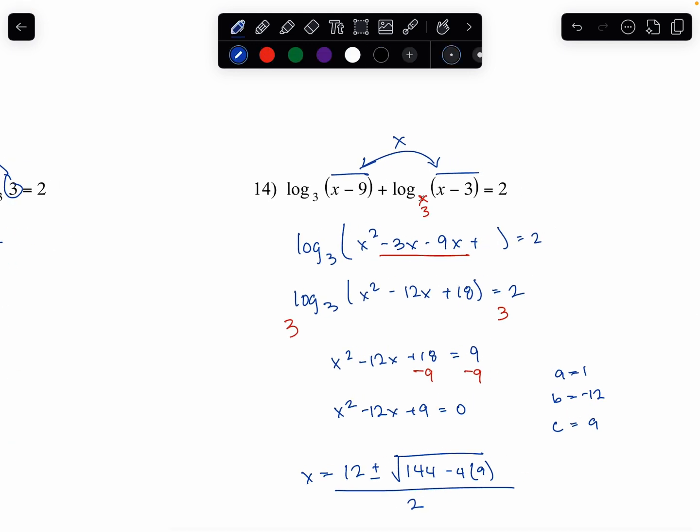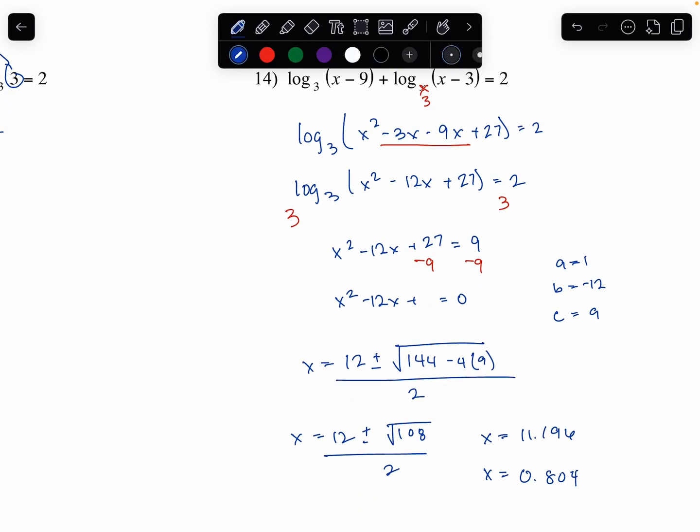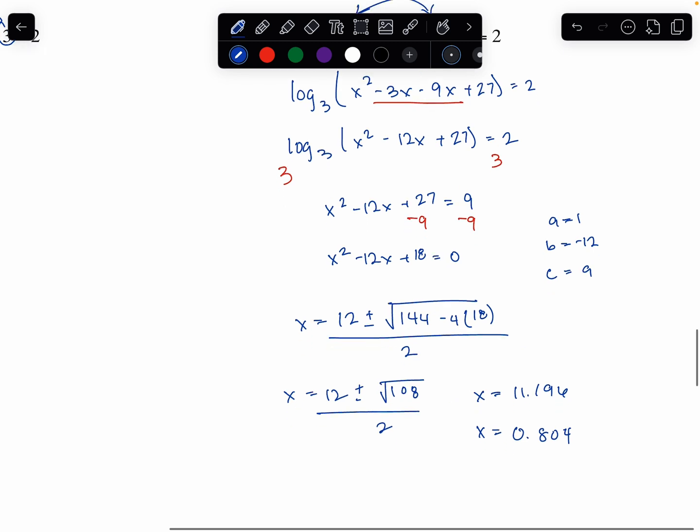So that means this is gonna be 27, which means that that's gonna be 27. And then 27 minus 9 is going to turn out to be 18 instead, which means this is going to turn out to be 18 right here.